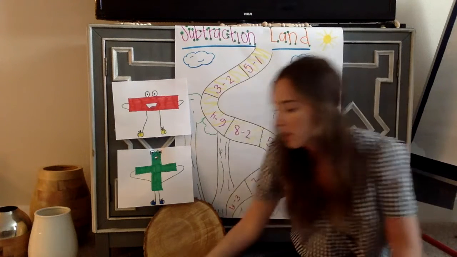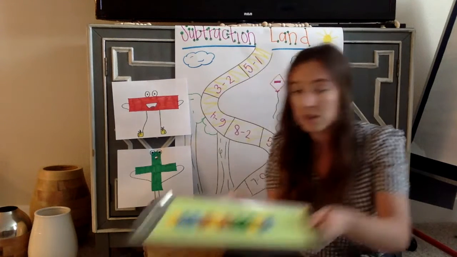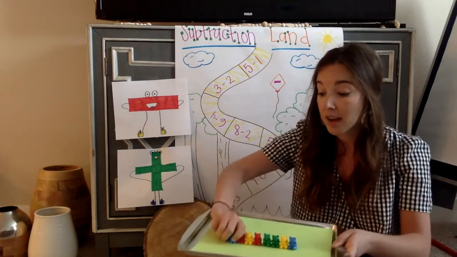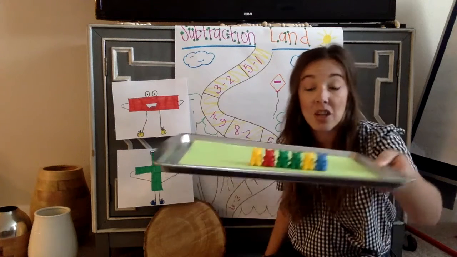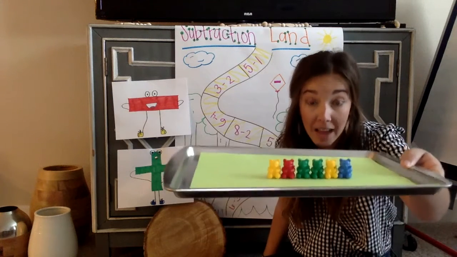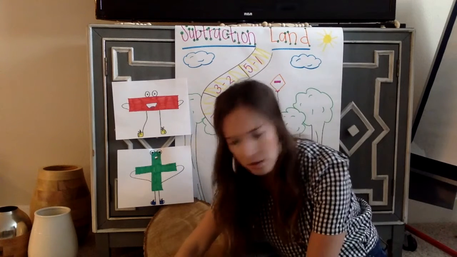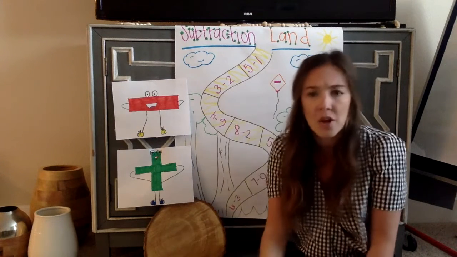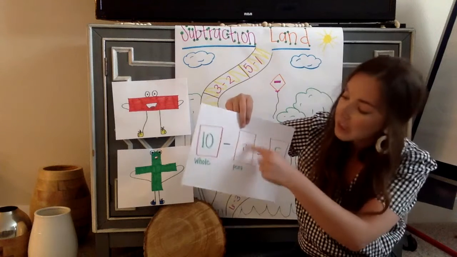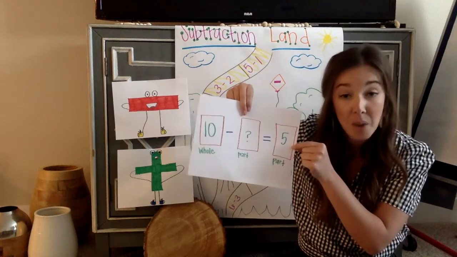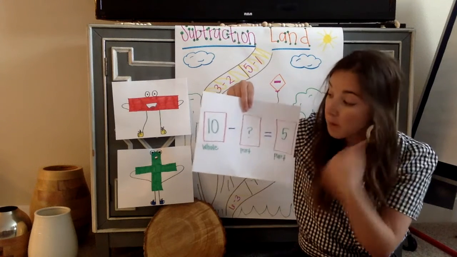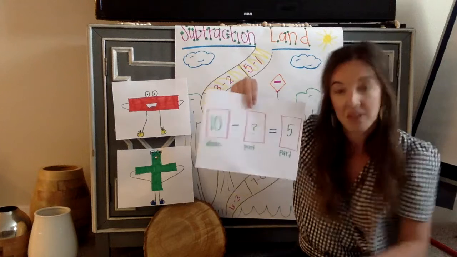If you remember, I held up the bears, you closed your eyes, I took them away, and you only saw how many were left. You did not see how many was taken away, which is a little confusing because we've always known how many things were taken away and we were solving this part. So if you remember, we were now solving this part.